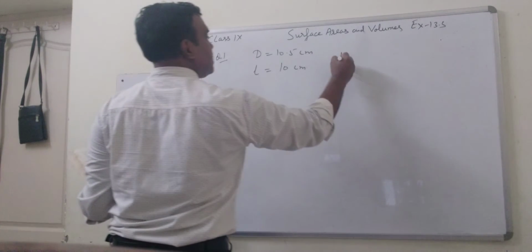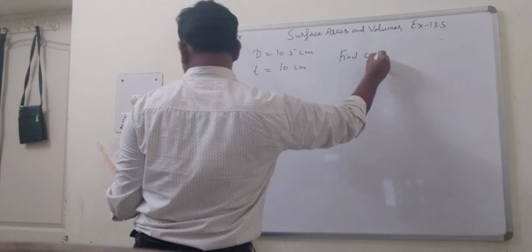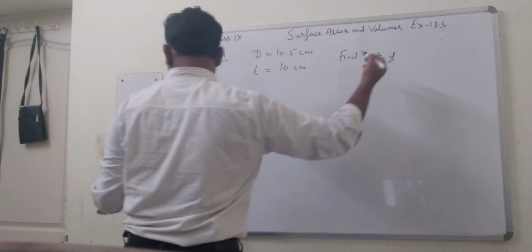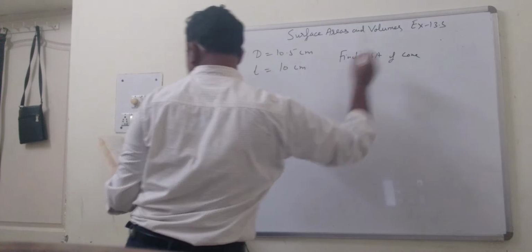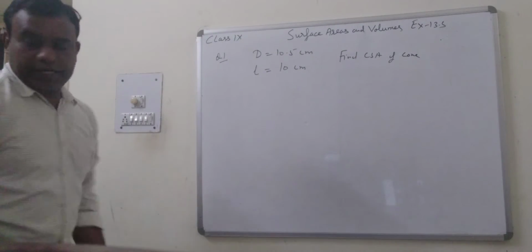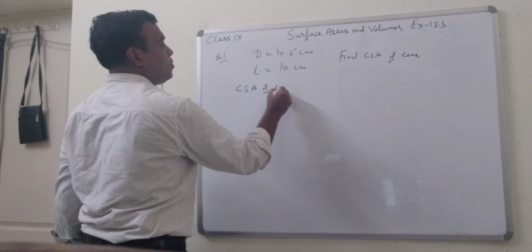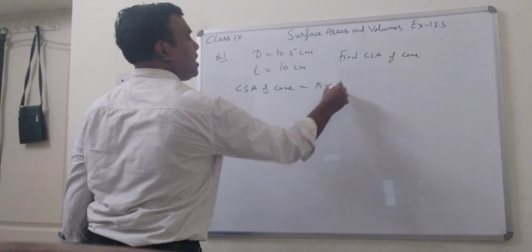Now see here, the curved surface area of a cone is equal to pi r L.